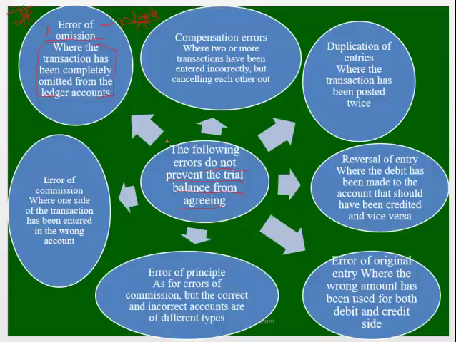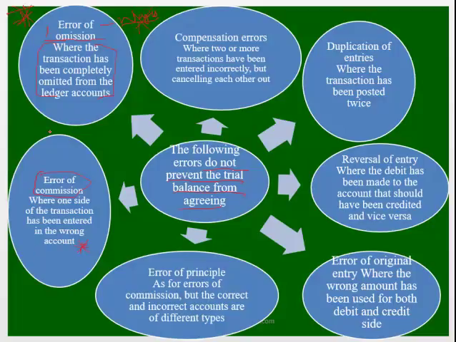Another one is what we refer to as error of commission. Error of commission is where one side of a transaction has been entered in a wrong account. It means I've recorded it properly, but in a wrong account. When I say properly, it means that if it's supposed to be a debit, I also put it in a debit account, but that debit is in a wrong account.